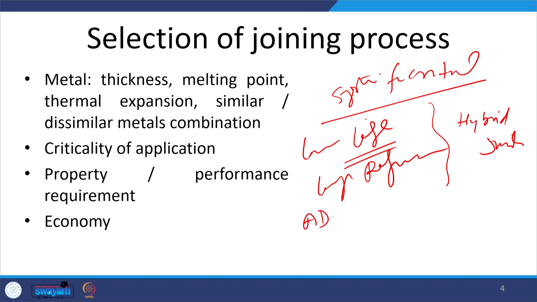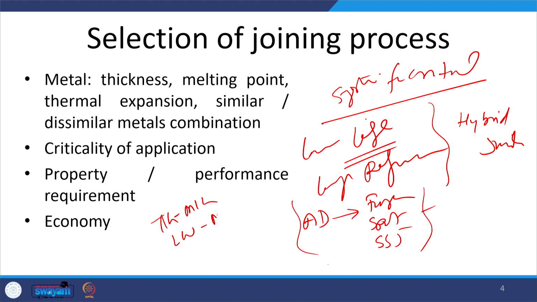It is very common that adhesive joining is clubbed with fusion welding, spot welding, or solid state joining. When this kind of clubbing is done, it helps to improve the performance of the joint. But when fusion welding processes are clubbed, like TIG with MIG or laser with MIG, then these increase the speed of welding and the productivity. So the economics of the welding process is improved.